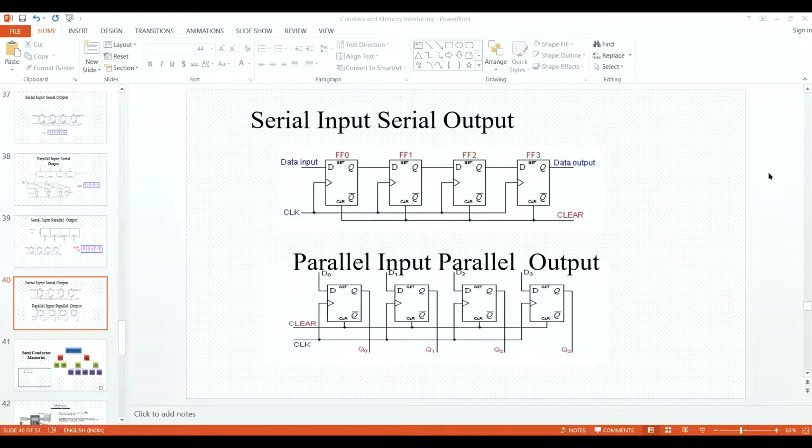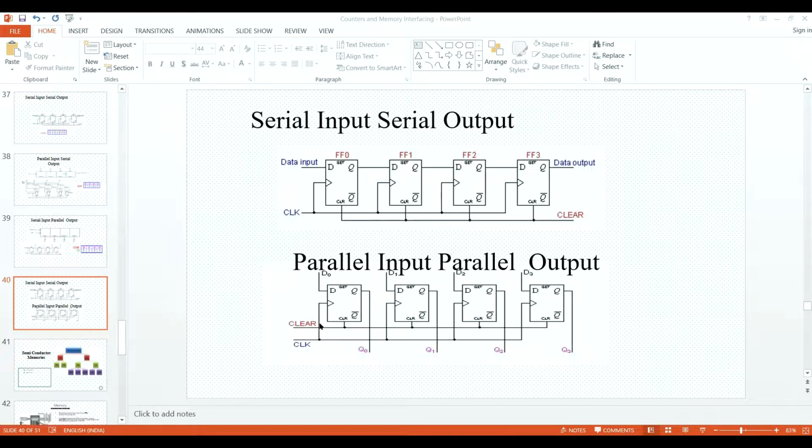When I say this, we have a data input using a D flip-flop, and the data is transferred or transmitted to another flip-flop, and the clock pulse is the same. So it's a synchronized operation. Similarly, if you see over there, this is also a synchronized operation, and the clear pulse is also given.